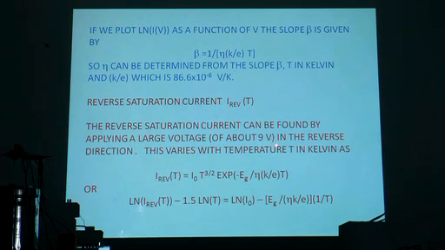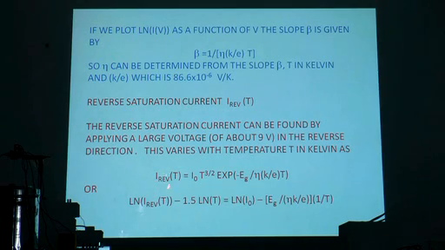The reverse saturation current varies with temperature as I_reverse(T) equals some constant I0, absolute temperature power 3 by 2, into exponential minus the band gap divided by non-ideality factor, k by e and absolute temperature T.